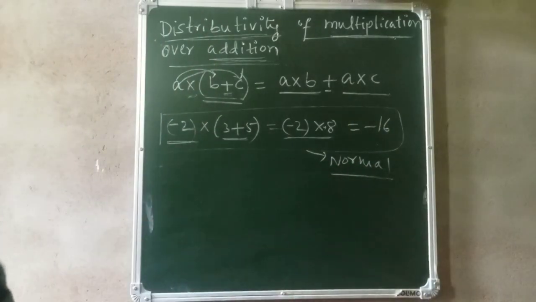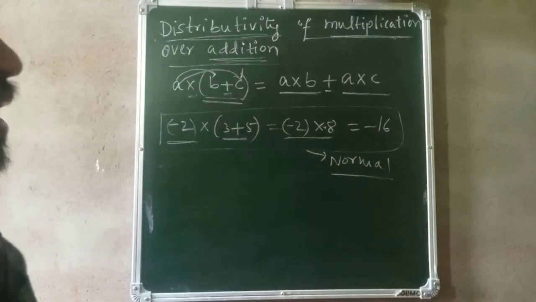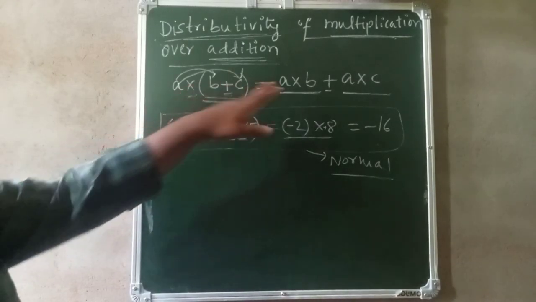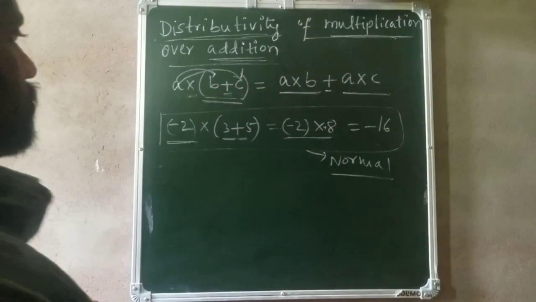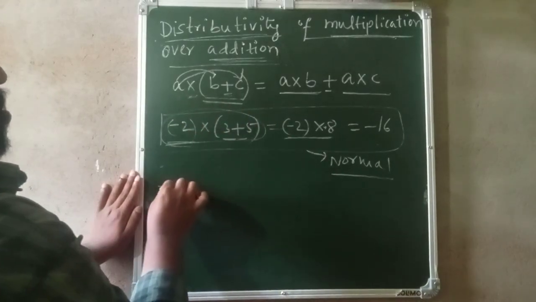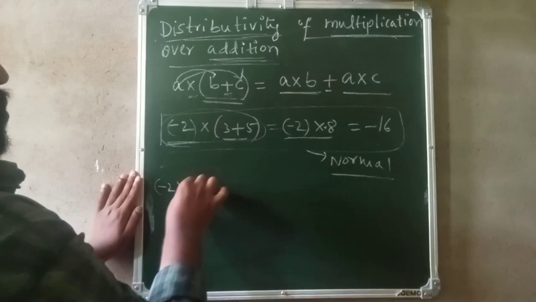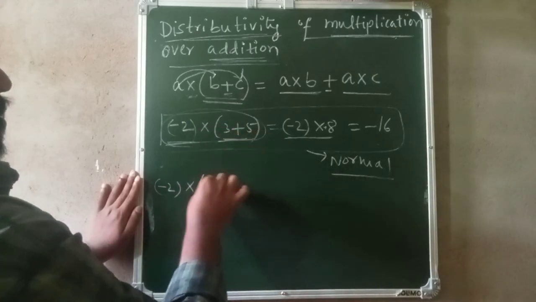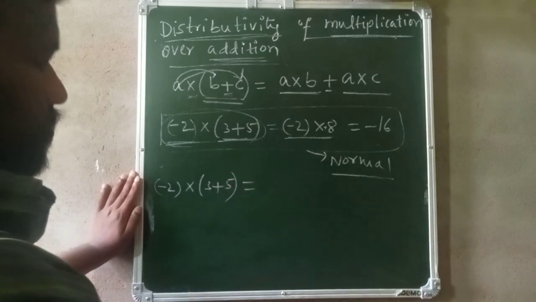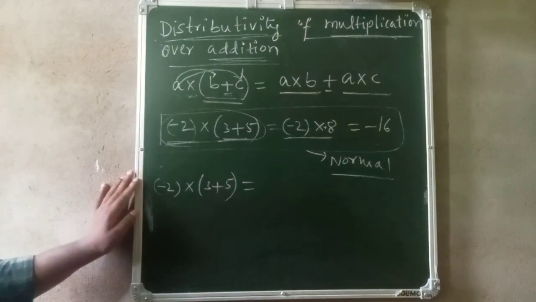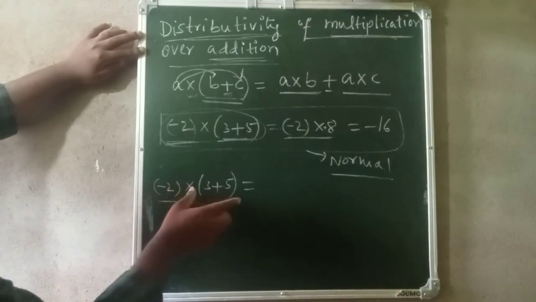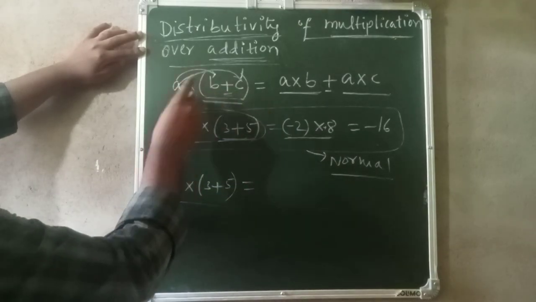Now we will see how to multiply this and this using this property. Okay, we will see that. So once again I will write this here: minus 2 into (3 plus 5) is equal to, okay, now see, this is in the form of this, correct?